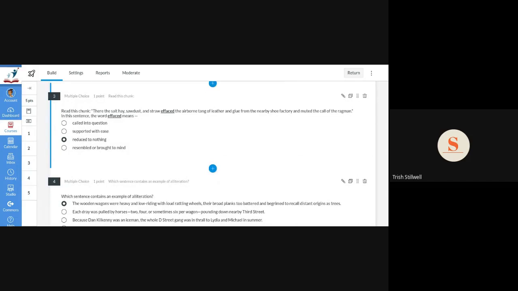Number 3, read this chunk. There, the sawdust and straw effaced the airborne tang of leather and glue from the nearby shoe factory and muted the call of the ragman. We're again using context clues for the word effaced, and it means reduced to nothing.